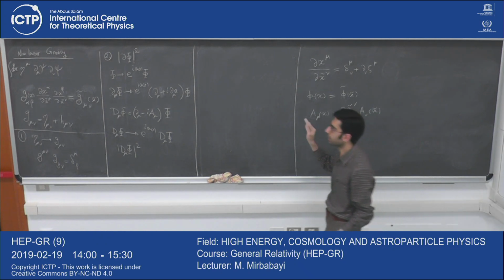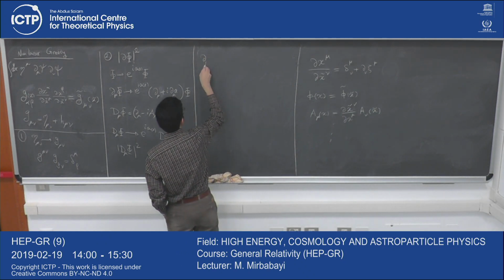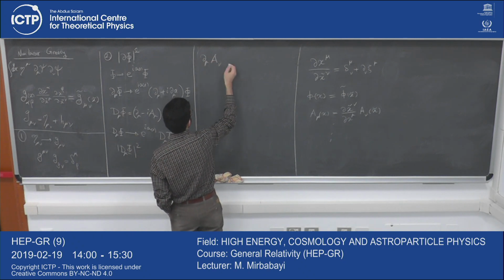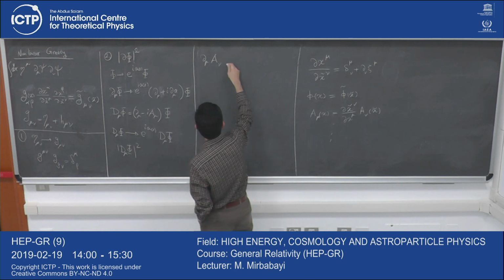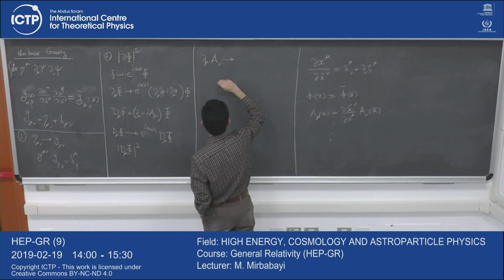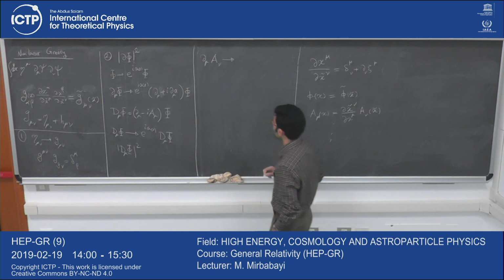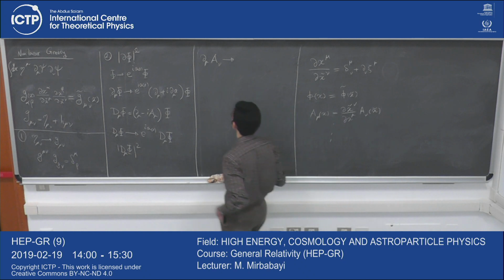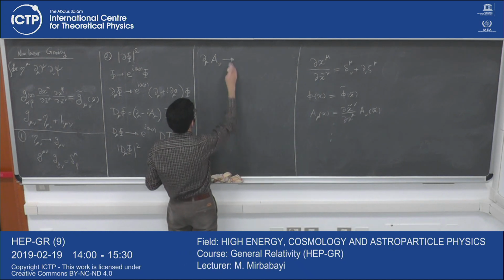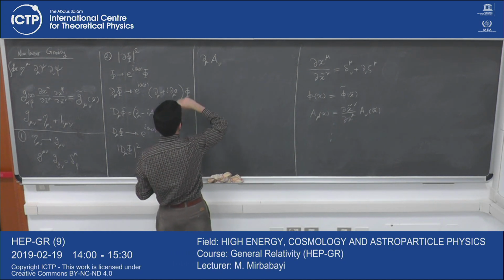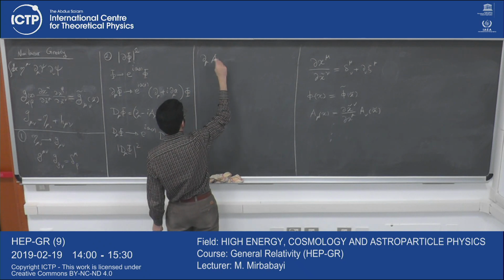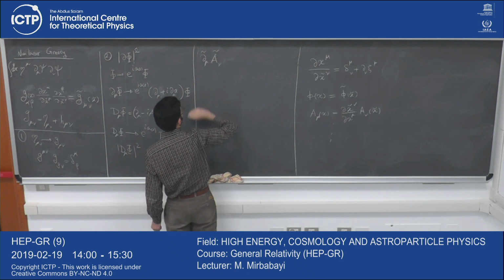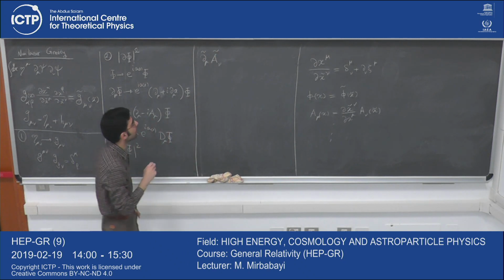Now it's no longer the case, because if I consider the derivative d mu of A nu, then under the transformation, how does it look? We want to write d mu of A nu, but now with the tilde.